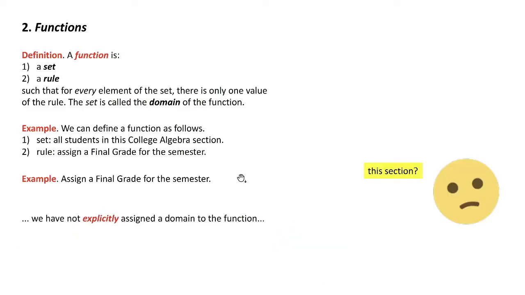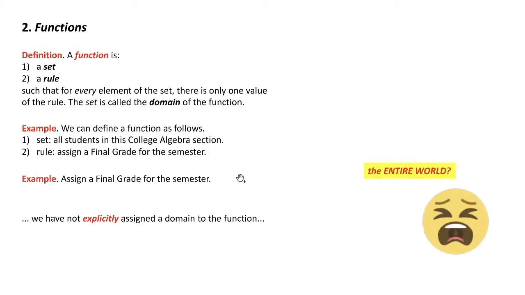Am I talking about this section? Am I talking about all sections? Am I talking about the world? You just don't know. It's not said. And you're going to see in the problems we have that this is going to be a source of confusion. So we want to know about it. Is the function clearly stated?